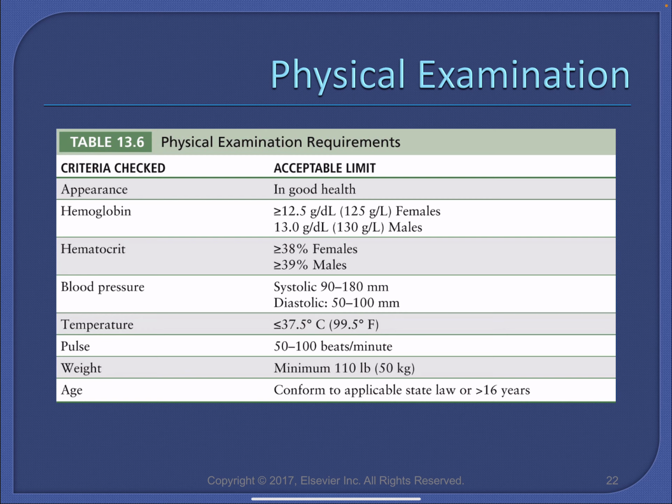So that's the criteria for the physical examination and the whole donor screening process. So there are 4 phases: the registration, the medical educational materials, the donation educational materials, the health history interview, and also the physical examination.